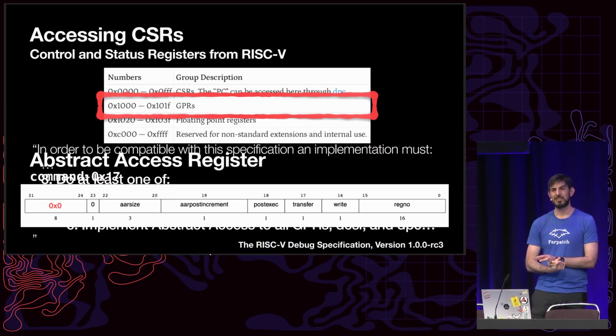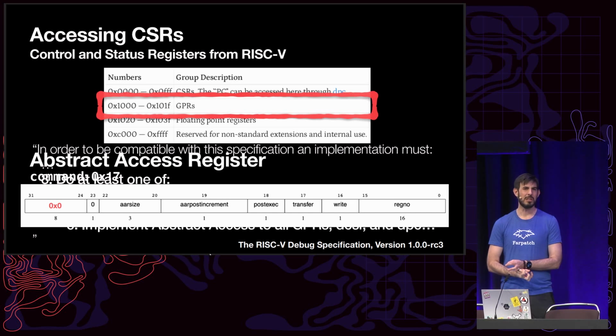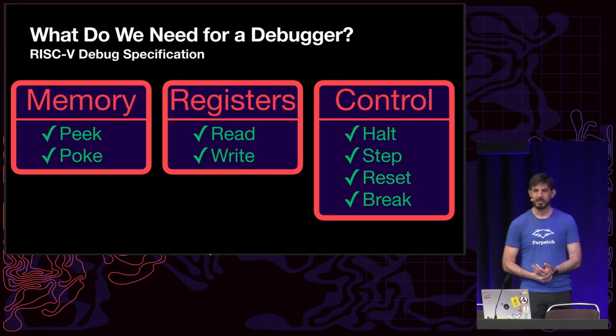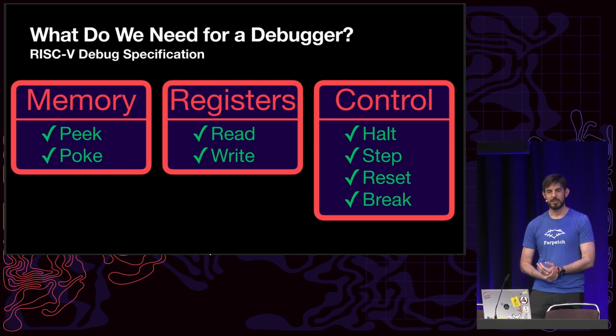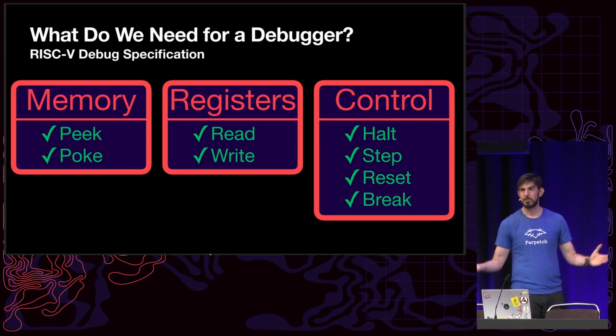And it turns out the Hazard 3 core does not implement abstract access. So if you want to access CSRs on the RP2350 Hazard 3 core, you actually need to use program buffer anyway. So with that, we have everything we need for a debugger with the RISC-V specification. That's pretty cool.